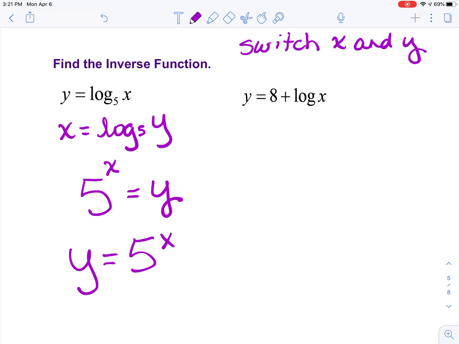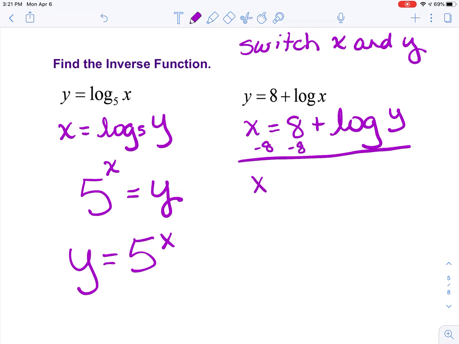Same thing here. Change the y to an x and the x to a y. And we're always going to solve for y. So the first thing I need to get rid of is this 8. So subtract 8 from each side. X minus 8 equals log y. What am I going to have to do to get the y by itself?